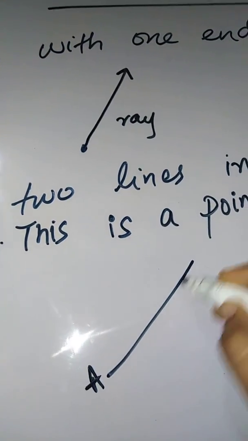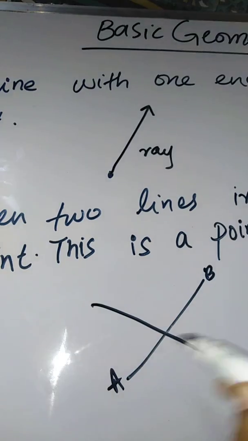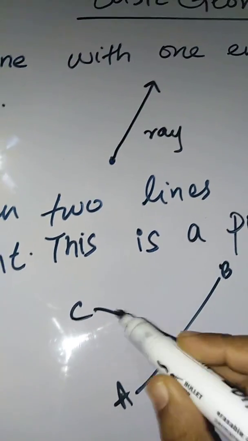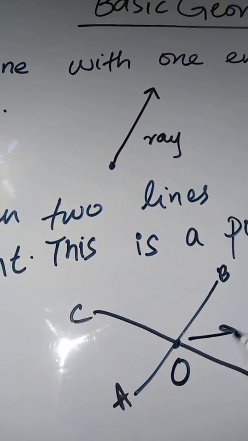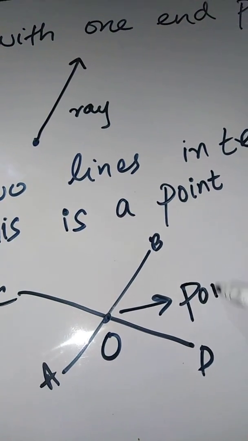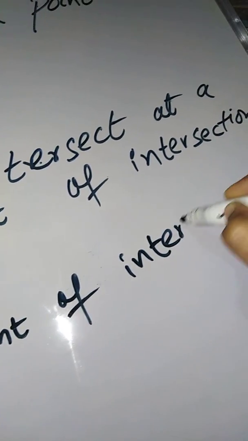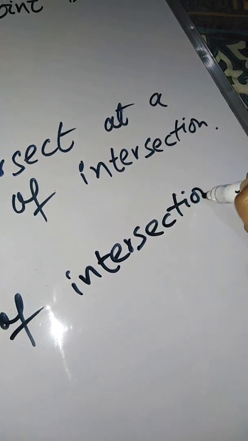Let's suppose we have two lines A, B and C, D. Both lines intersect at the point O. So we'll say that this is the point of intersection.